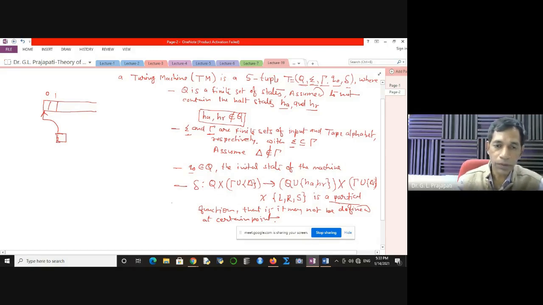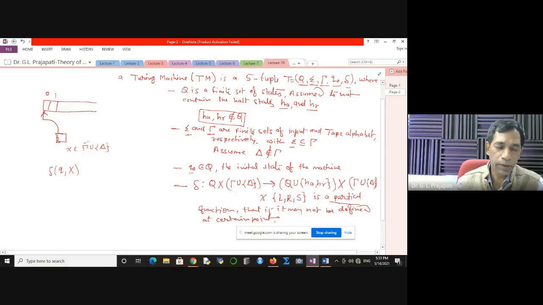So how can you define this transition function? You can define it using a diagram like this. Say you are at state Q and you have the input X. X belongs to tau union blank, so X can be either any symbol from the tape or blank.